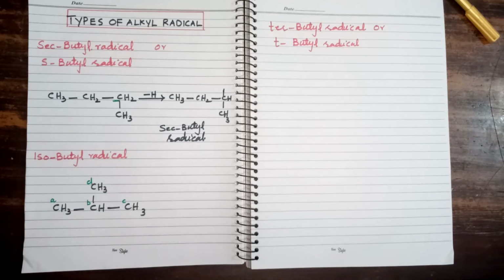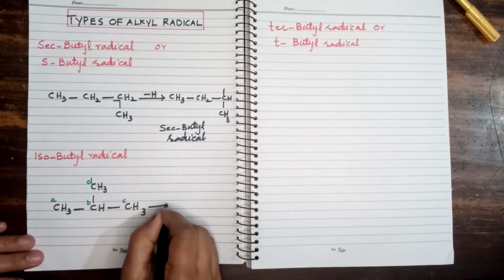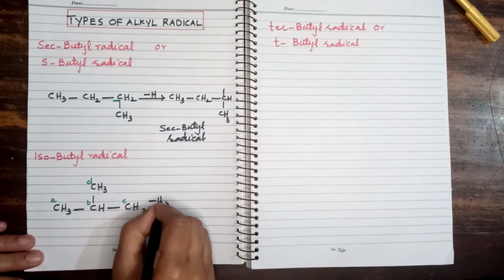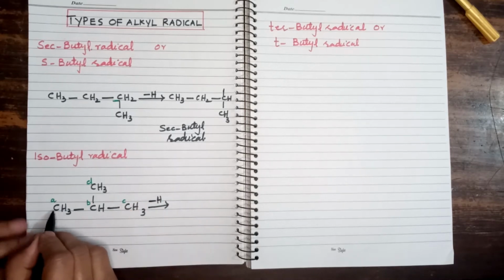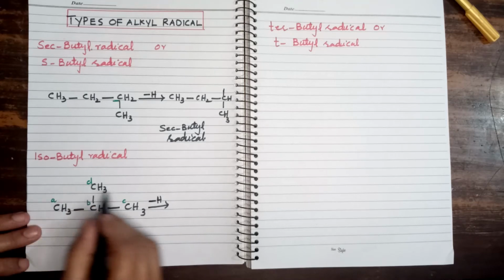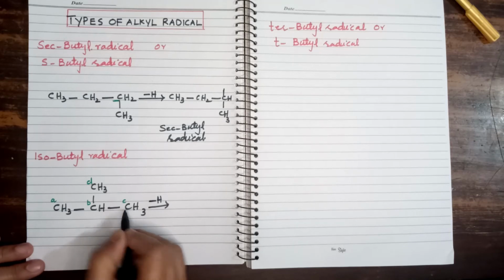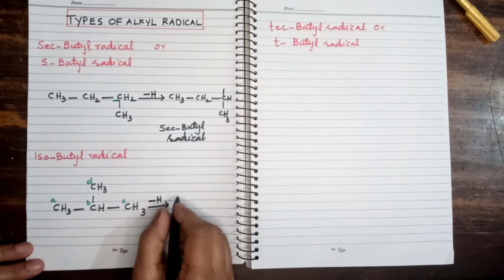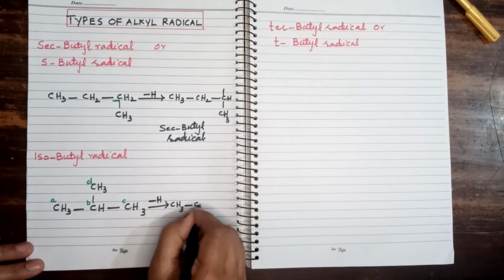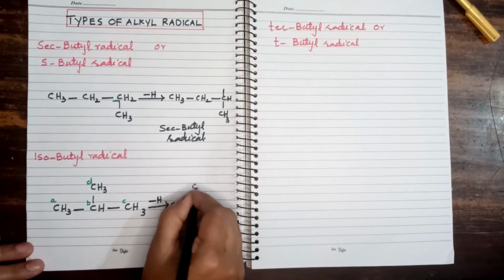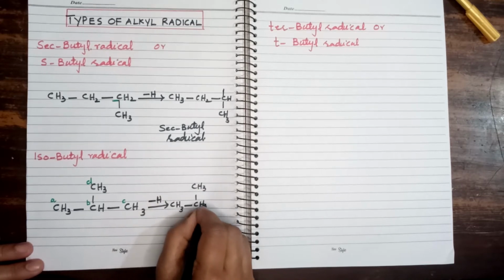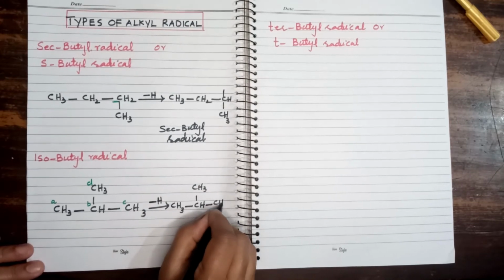If we remove one hydrogen either from carbon A or from carbon C. Suppose we remove one hydrogen from carbon C. After the loss of one hydrogen from carbon C, we get the structure like this: CH, CH3, CH2.